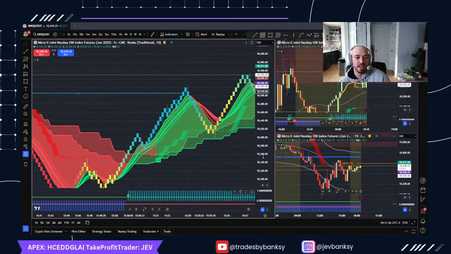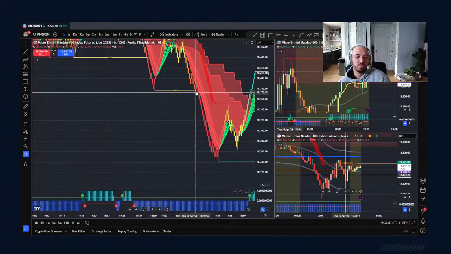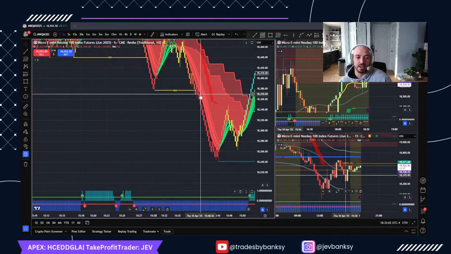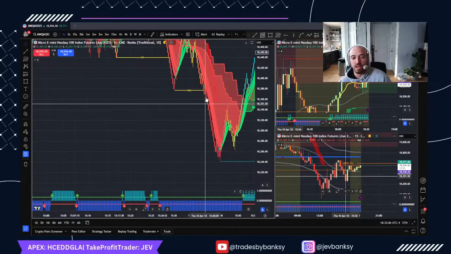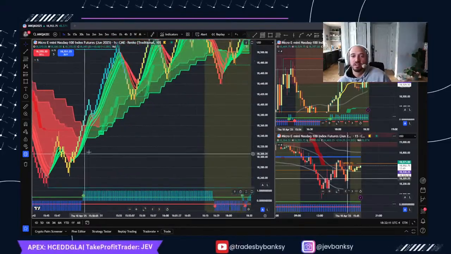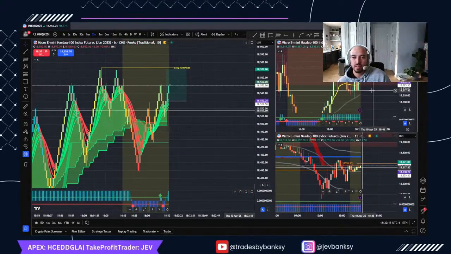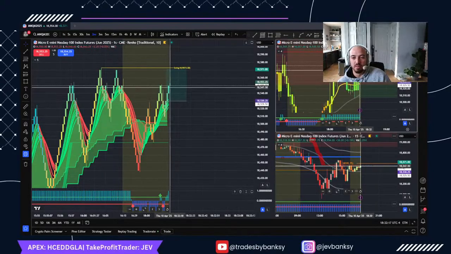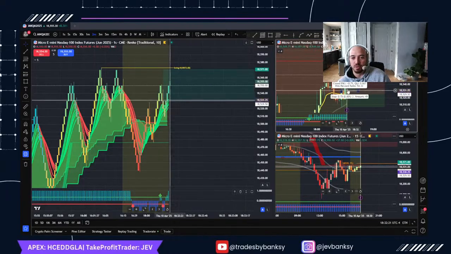Let's say a pullback entry like this one, and you're in a sell. If there's nothing really telling you we don't have a lot of space, you can trail it. Let it run. You get me? And right here, like I said, we're now above that VWAP. This is where our trade looks like. We're at break even.